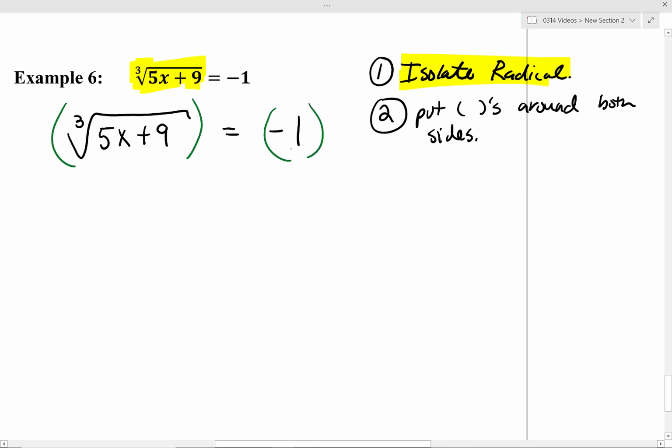Now we need to raise to a power of what? Okay, we need to know what is the index of this radical. The index of this radical is 3. So we have to raise both sides to the power of 3. So to the upper right of both of these parentheses, I'm going to put the power of 3.